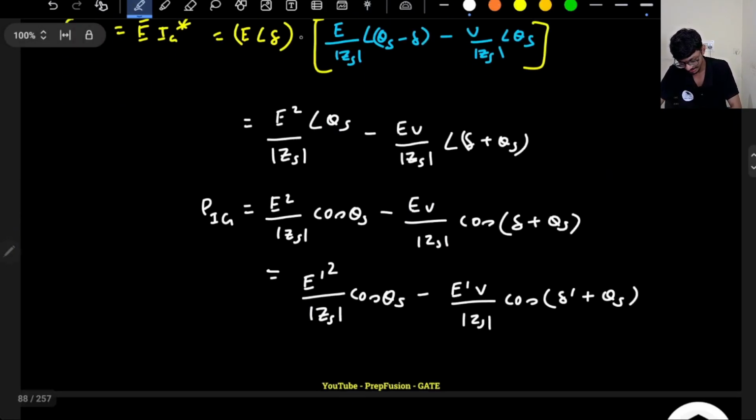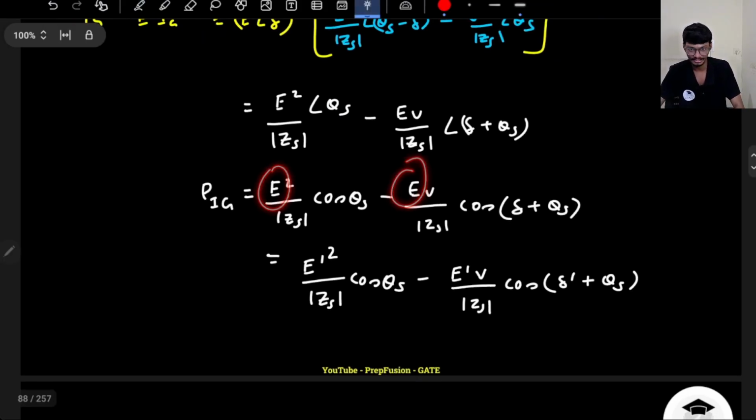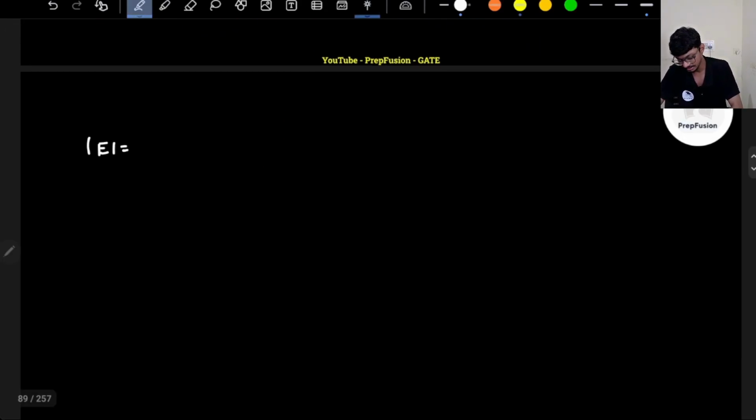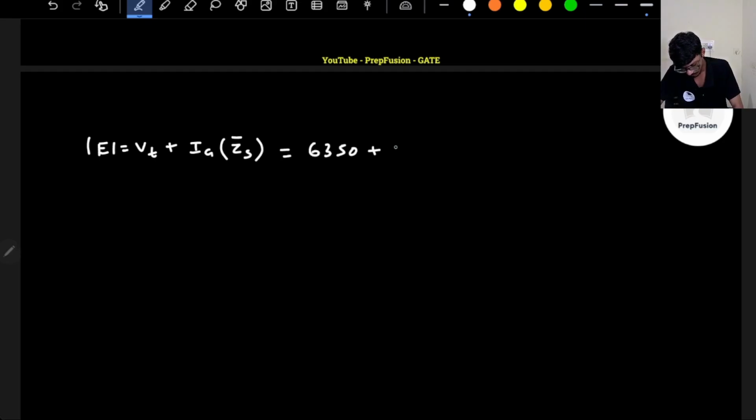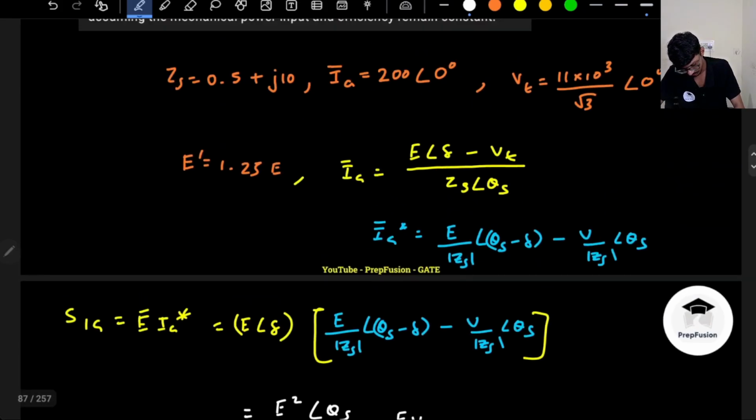Whenever I write E here, that basically means it is the magnitude, because the phasor angle is already factored in. So E will be Vt plus Ia Zs. Vt is 6350 per phase, plus Ia, which I guess is 200.